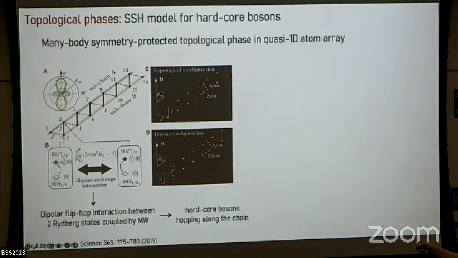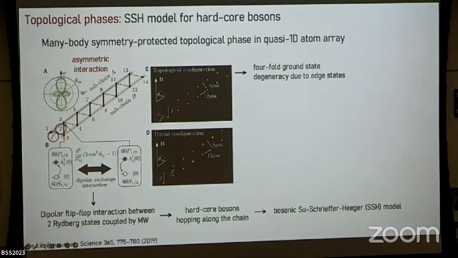So if you prepare the atoms in this quasi 1D chain, you have the interactions along this direction here are much stronger, and along this direction they're basically zero. So by tuning things in the proper way, you can map these into this bosonic SSH model.